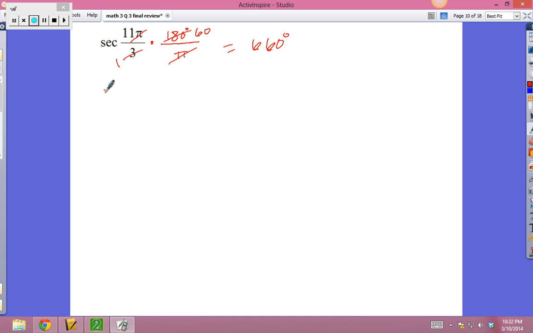And we just found cosine to be x over r. So secant is going to be r over x. Okay, now 660, that's more than a circle. So I'm going to take away a circle, and that gives me 300. So 300 degrees.